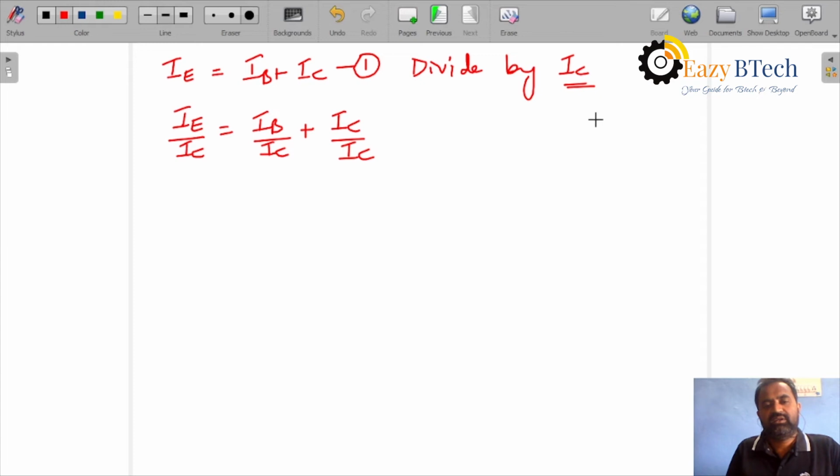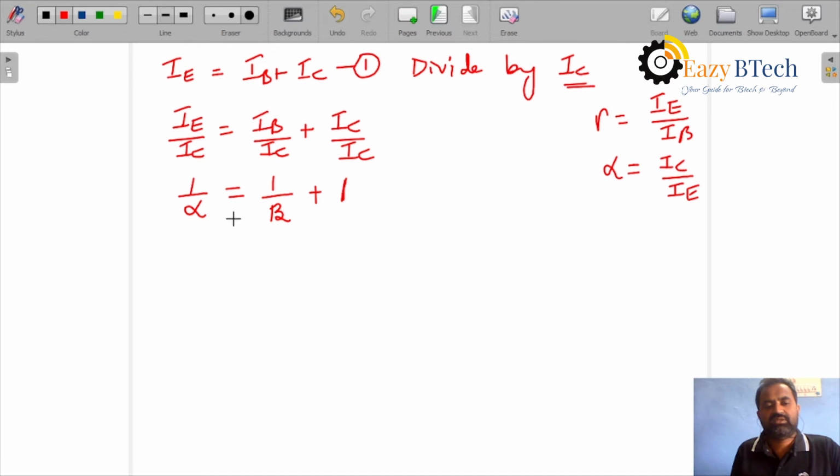Now we know that for gamma, output is IE, input is IB. For alpha, output is IC, input is IE. So we can write this factor IE by IC as 1 by alpha. 1 by alpha is equal to IB by IC plus IC by IC, that is 1 by beta plus 1.